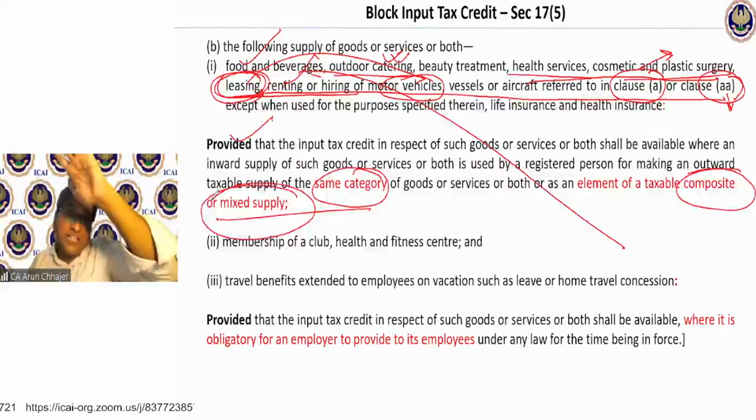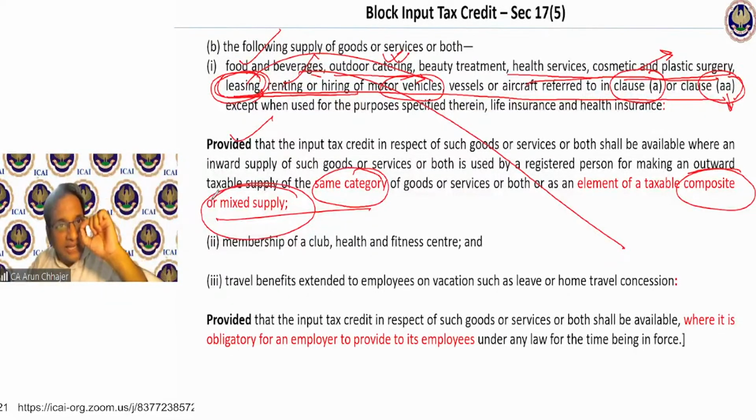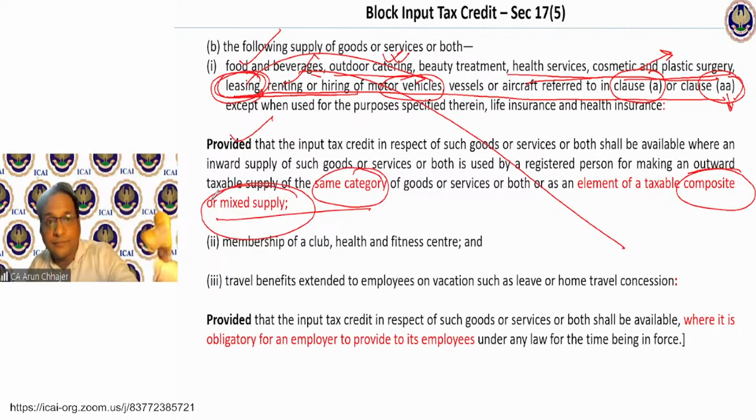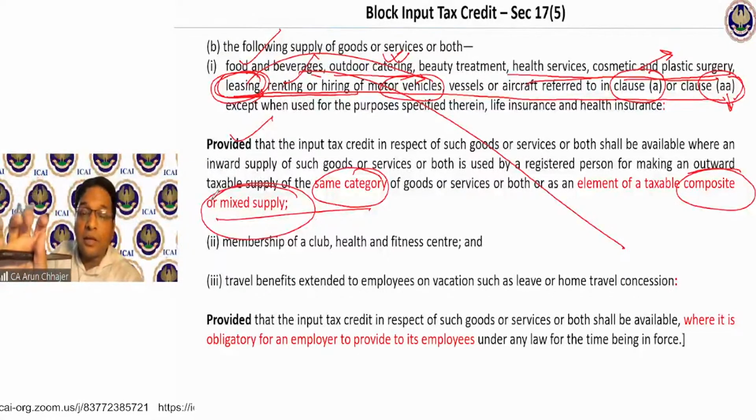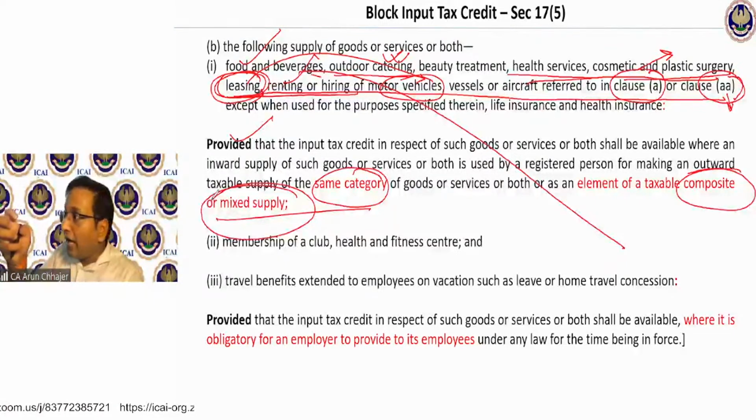As per the contract, my company provides some repair services, and the contract says that till the time I do the repair of the aircraft, your crew member, your pilot, has to be picked up by a car, let's say a Mercedes, and dropped to the lounge.